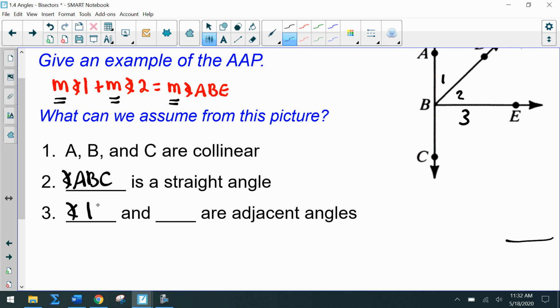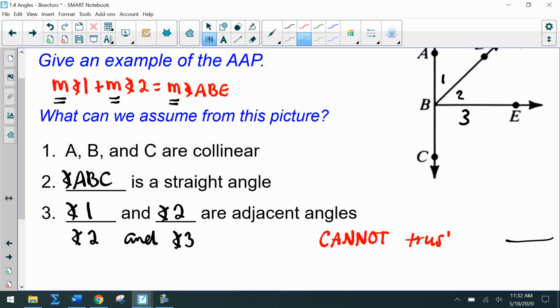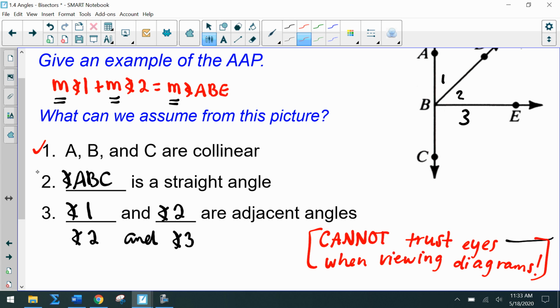What we can say is that angle 1 and angle 2 are adjacent angles, and angle 2 and angle 3 are adjacent. Make sure you write that down. With that in mind, we can assume that angle ABC is a straight angle because A, B, and C are collinear.